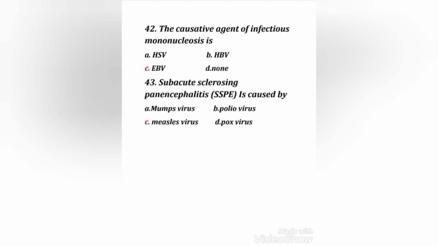Next question. Subacute sclerosing panencephalitis or SSPE is caused by mumps virus, poliovirus, measles virus, pox virus. And the right answer is option C, measles virus. Measles is a highly infectious childhood disease spread by respiratory secretions.